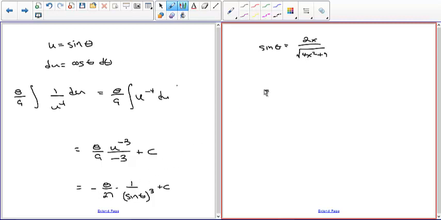So when I plug that in finally, I'll get negative 8/27 times 1 divided by 2x over the square root of 4x squared plus 9, cubed. And I can clean this up a little bit, because 2 cubed here is 8, which cancels out with that.